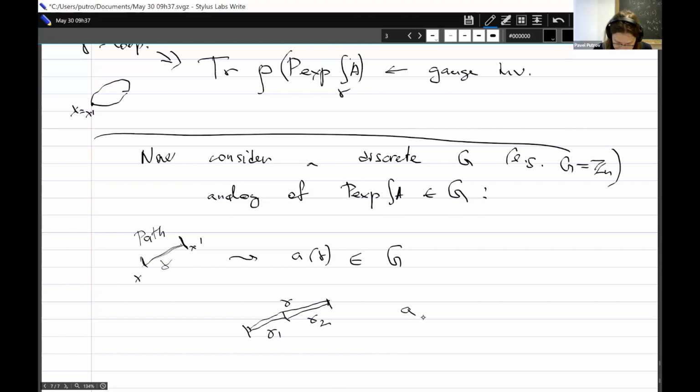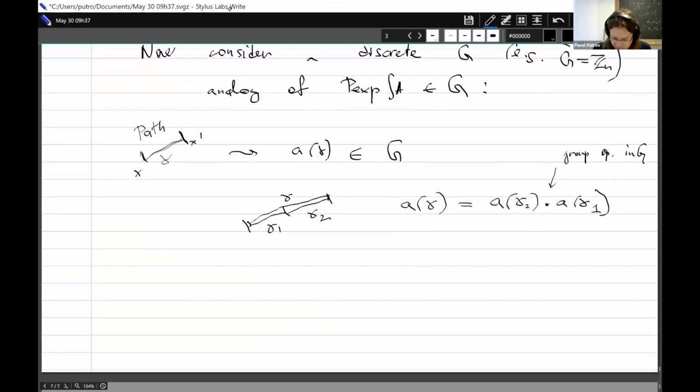So A of γ must be this, where here we mean the group operation in G. And let me now assume that G is abelian.